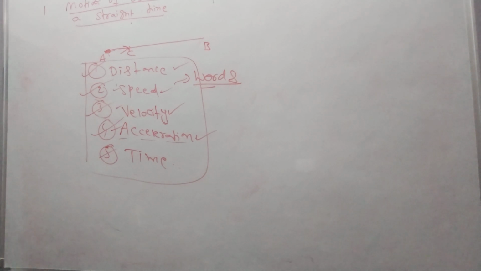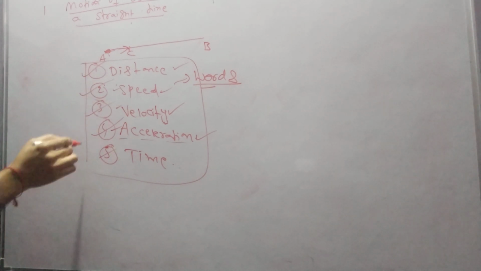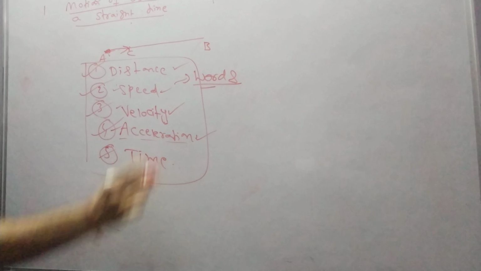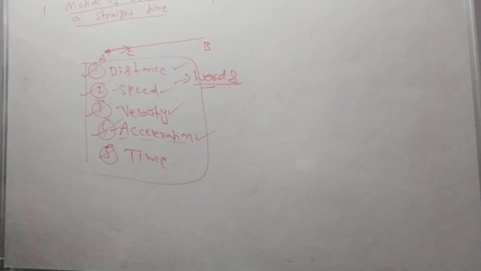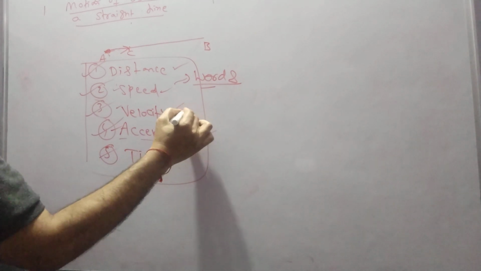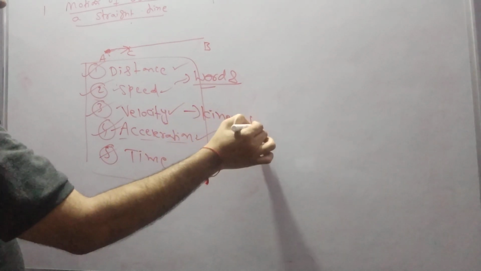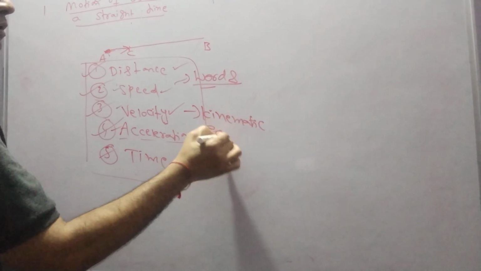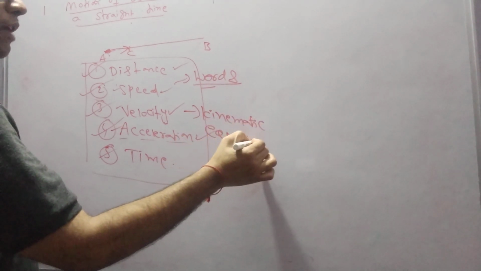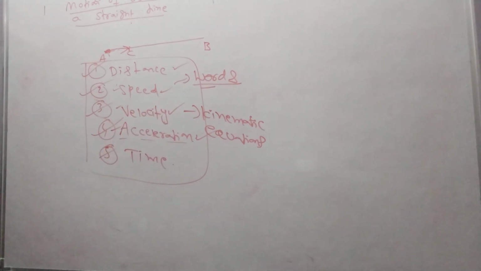Next, if you get a relation between these words, those relations are known as kinematic equations. Why equations? Because we are building some relations between these words, so we are getting equations.